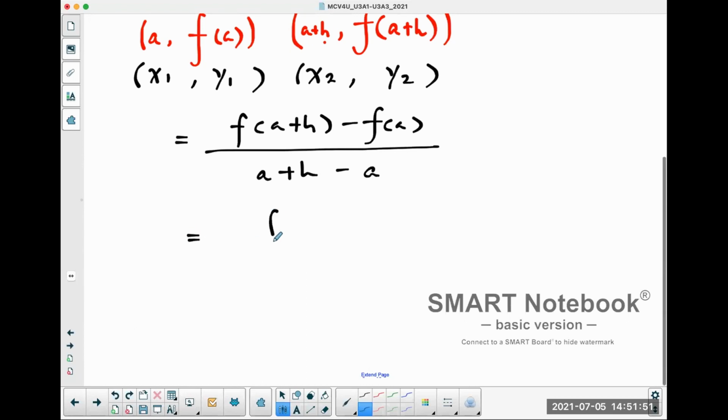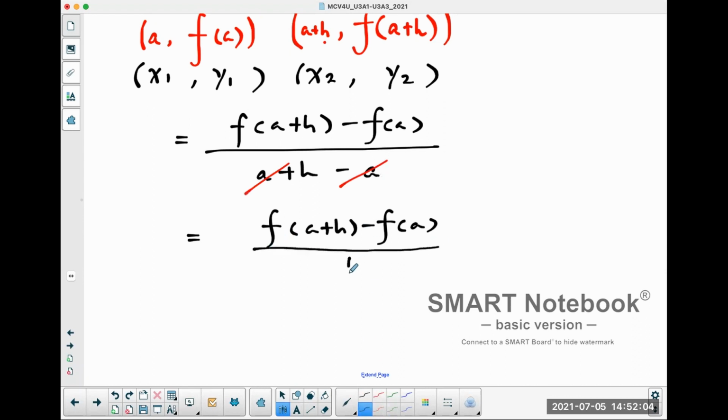And if you look at the denominator, what can you do when you have a plus h minus a? Well, the two a's are going to cancel. So what's in the denominator is just this h, which is a little bit more than a, right?